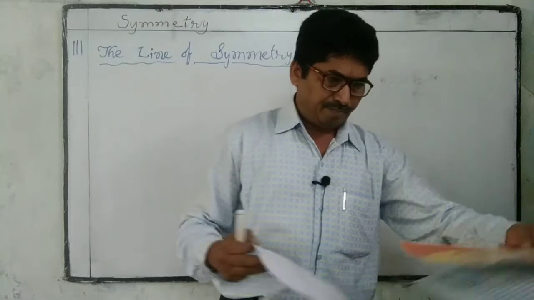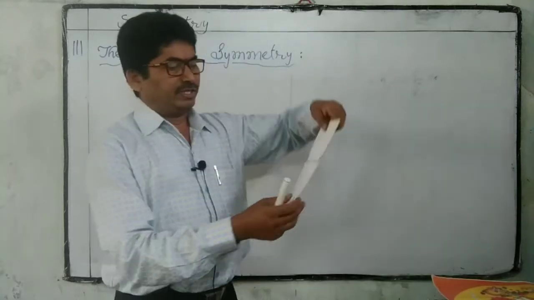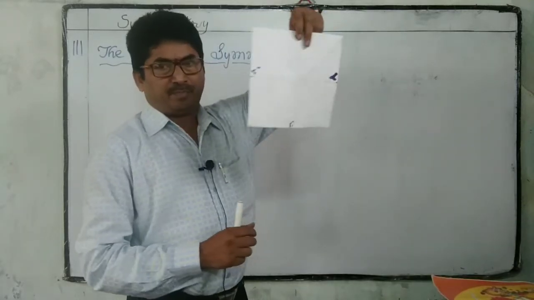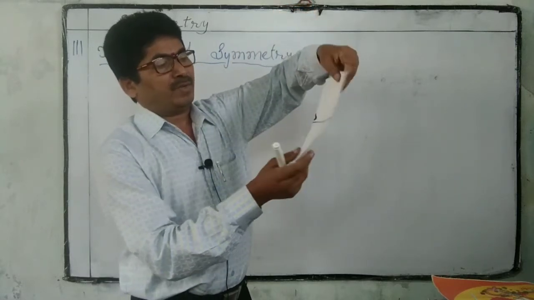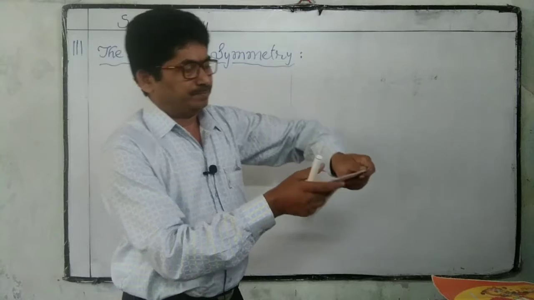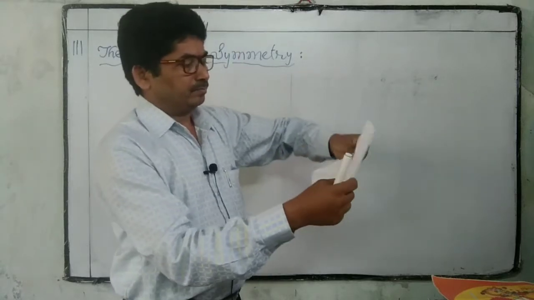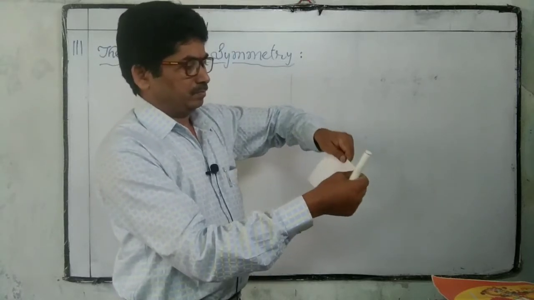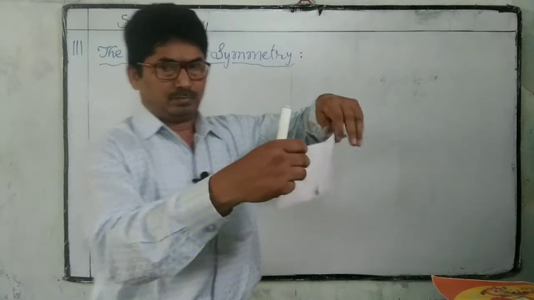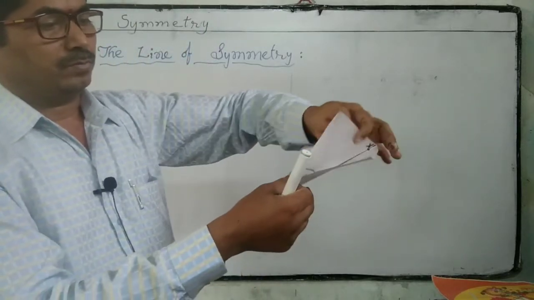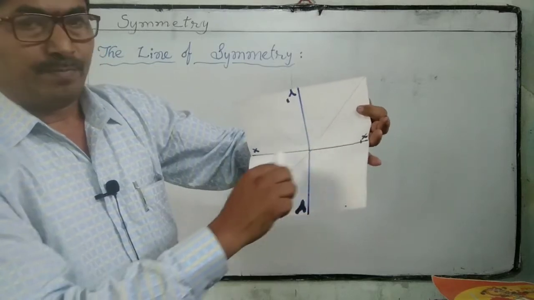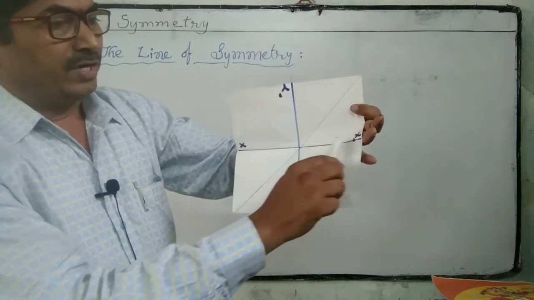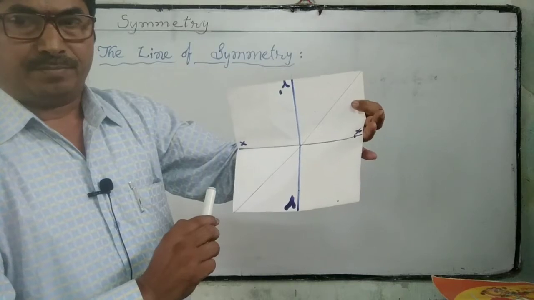One more example. This is a square shaped paper. If we fold it like this, this is horizontal line of symmetry.